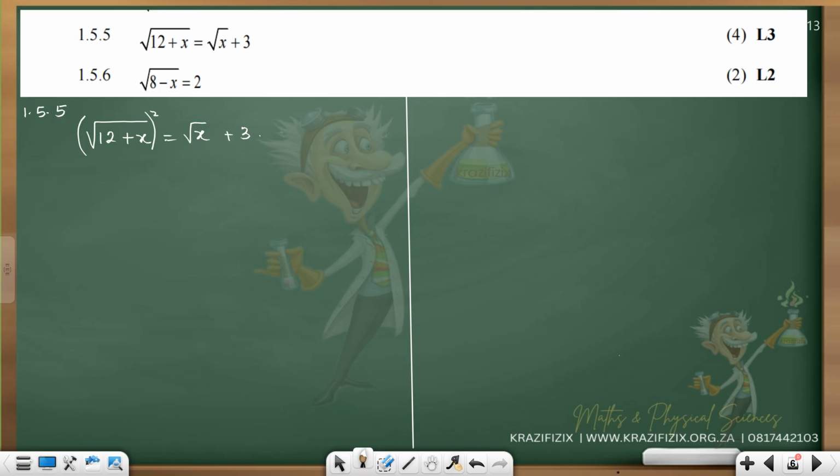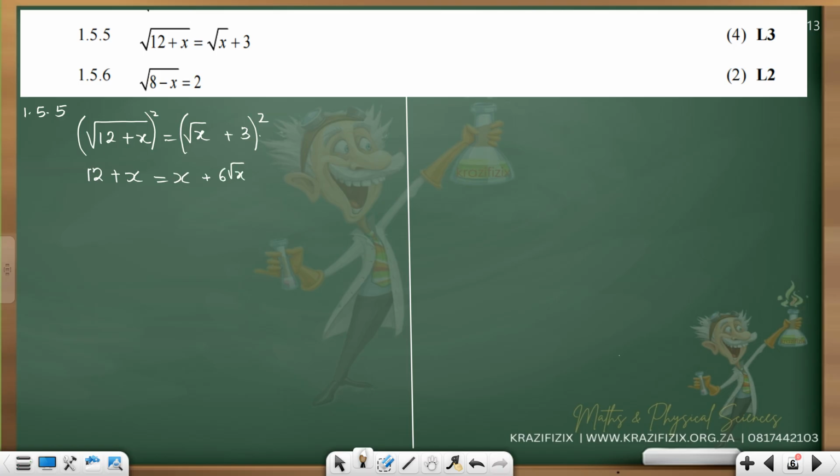So let's square and see what will come out of this. Already this is 12 plus x. Now if we square this one, we're going to have root x times root x, which is x. Now we're going to have 3 times root x, which would be 3 root x.